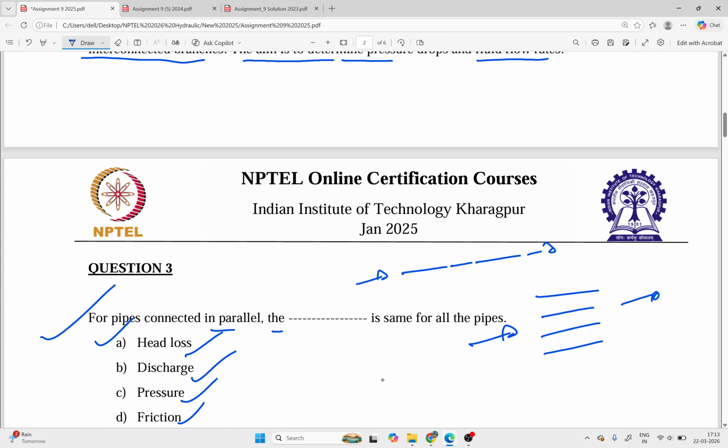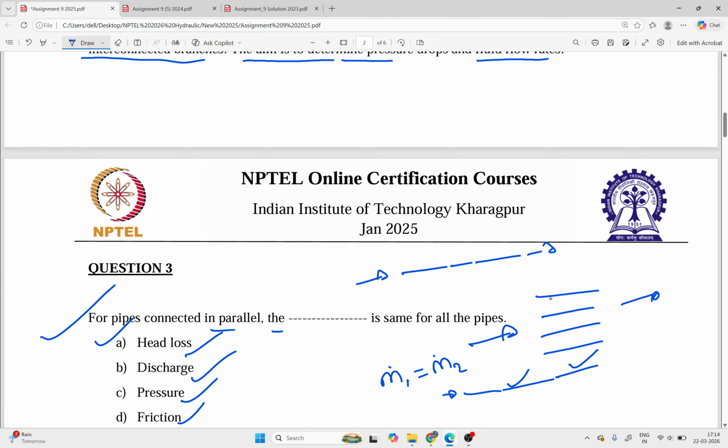The mass flow rate in pipe 1 should be equal to the mass flow rate in pipe 2. Whatever mass is entering here, the same mass will enter here. So if the pipes are in series, your discharge will be the same.